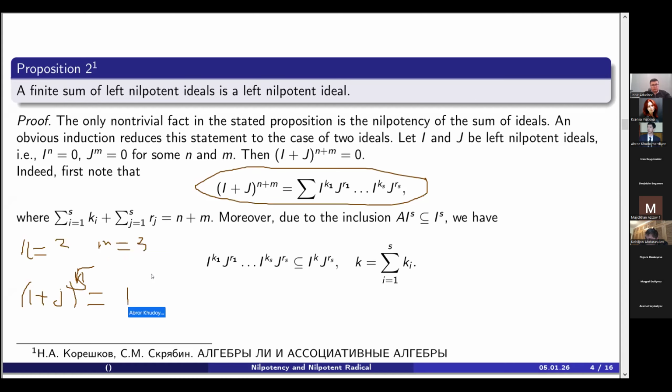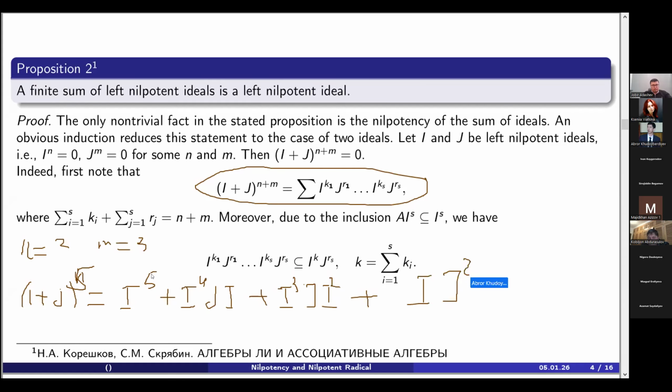It means I^5 plus I^4 J plus I^3 J^2 plus I^2 J^3, and so on, where the sum of the powers should be equal to 5.